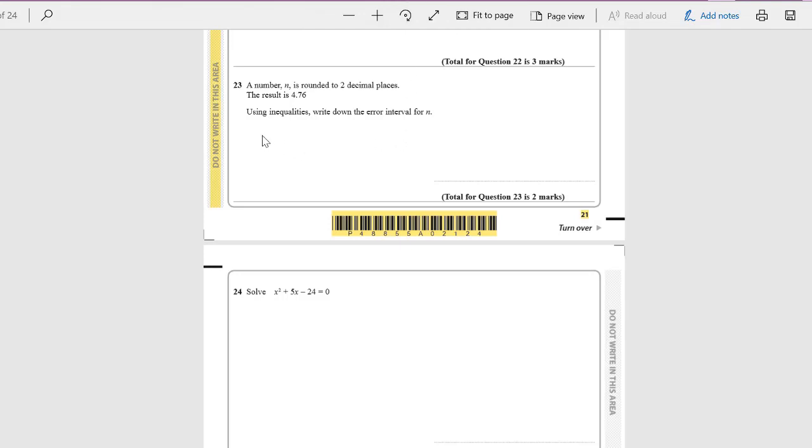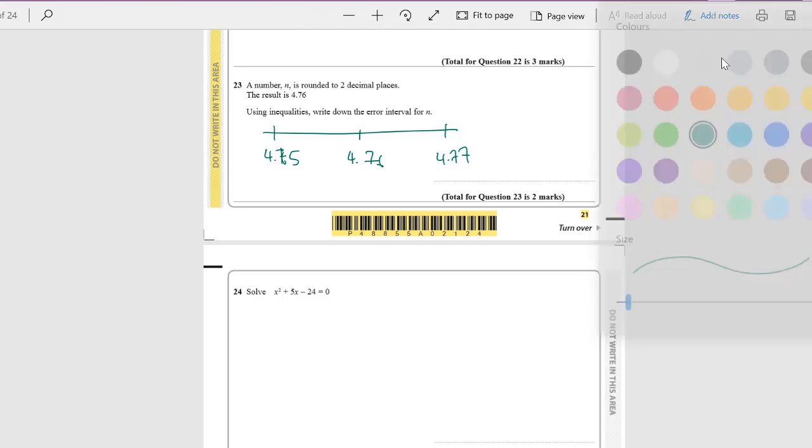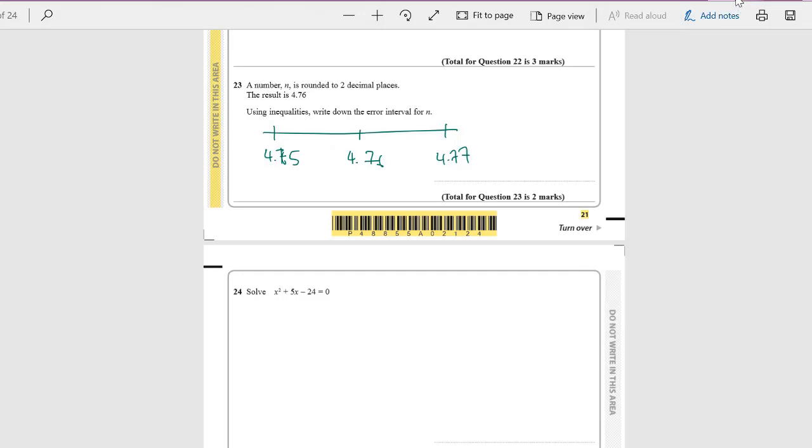So basically, if you draw a straight line and the result is 4.76, that's between 4.75 and 4.77. The lower boundary, where you would round up, is 4.755, and the upper boundary, where you would round down, is 4.765.